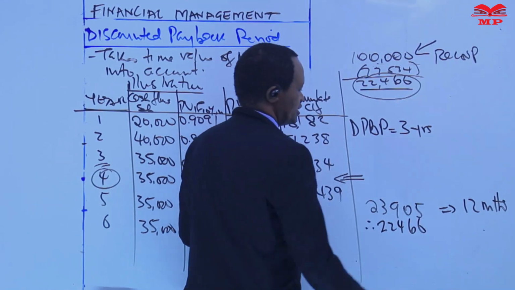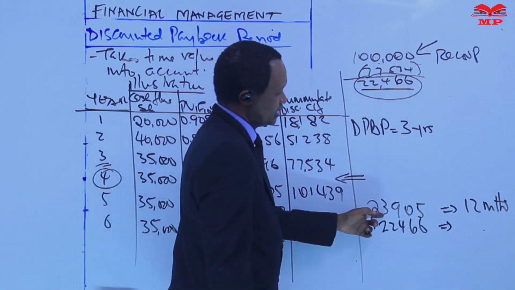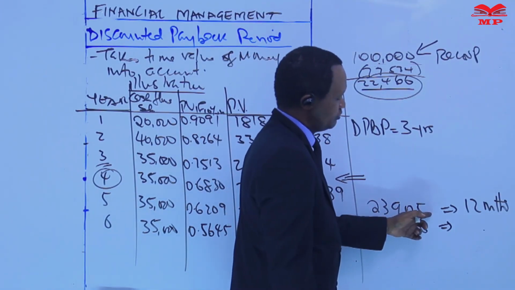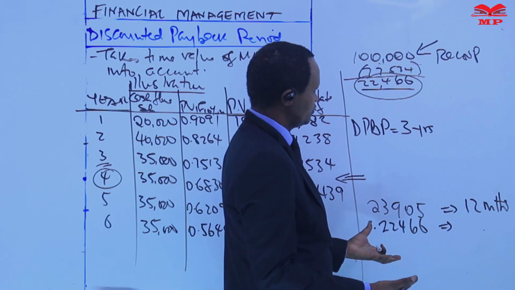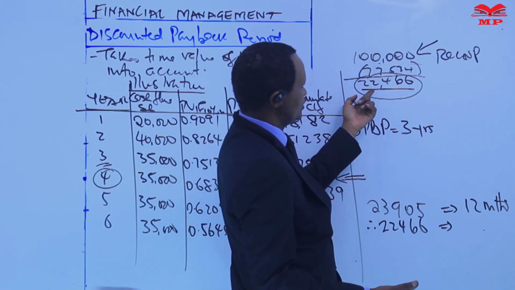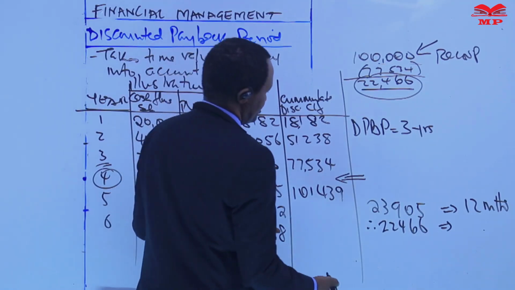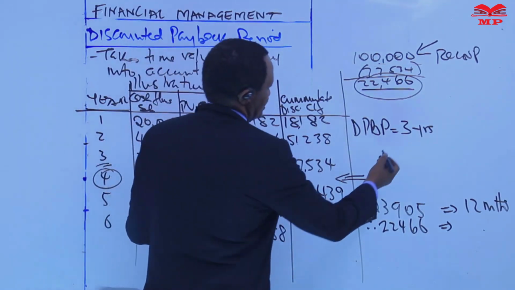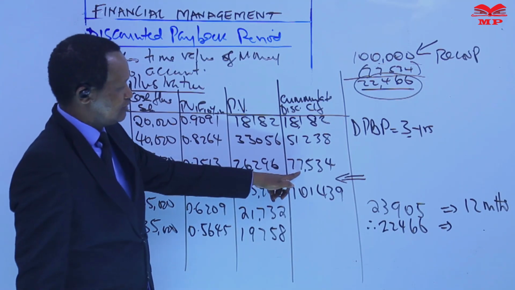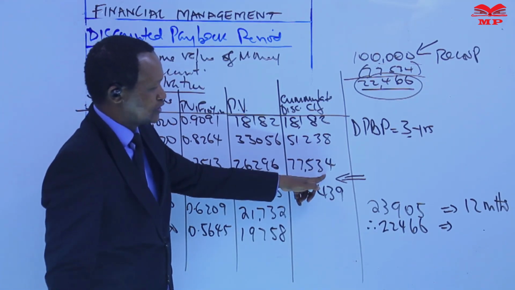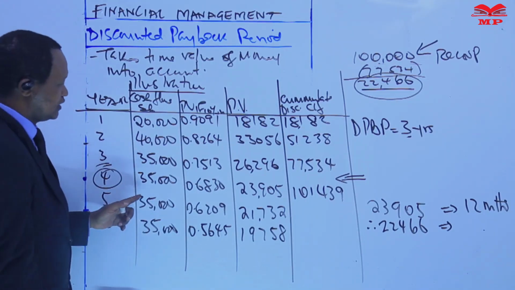For us to recover the whole 100,000, we need the amount recovered after the third year, 77,535, plus a portion of the amount that will be recovered in year 4.